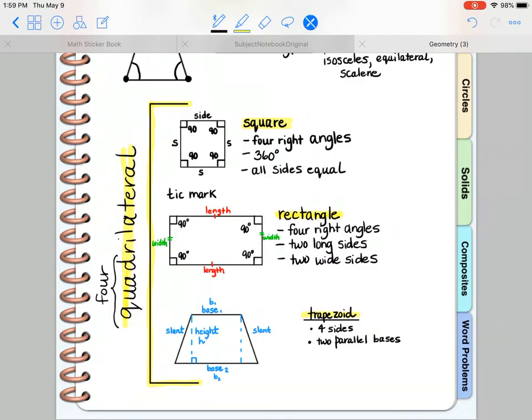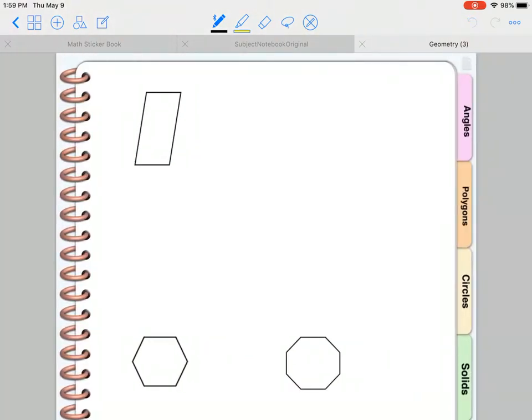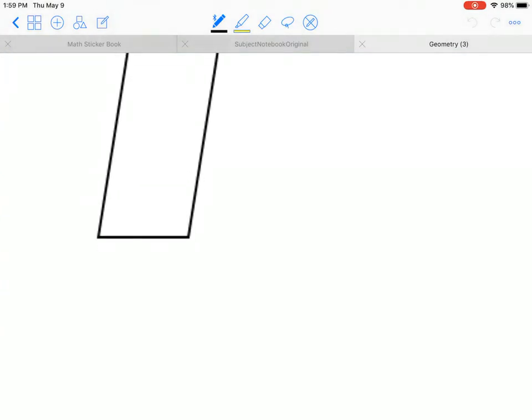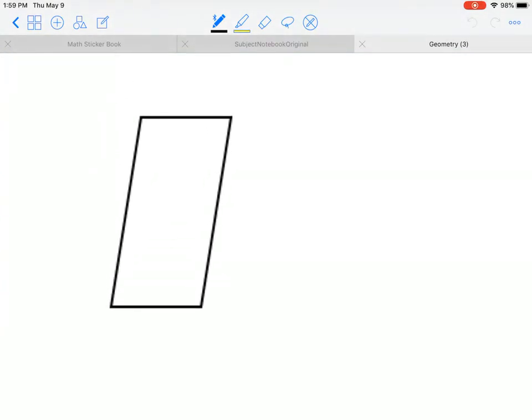I think the next page has another one. So let's go ahead and flip forward. Yes, I'm glad actually that this one is here. This is a parallelogram, and that is a tough word to say. First thing I want you to notice is that it's leaning.